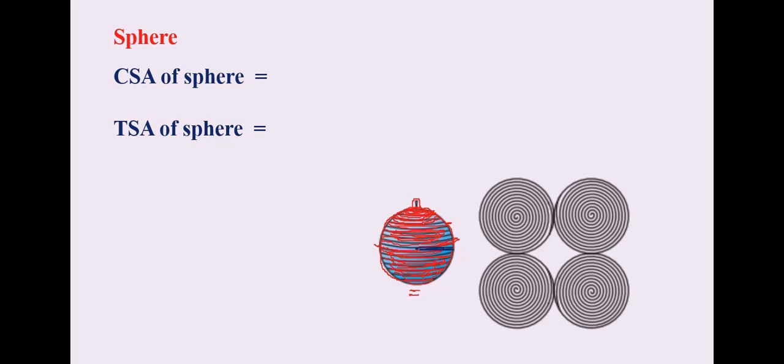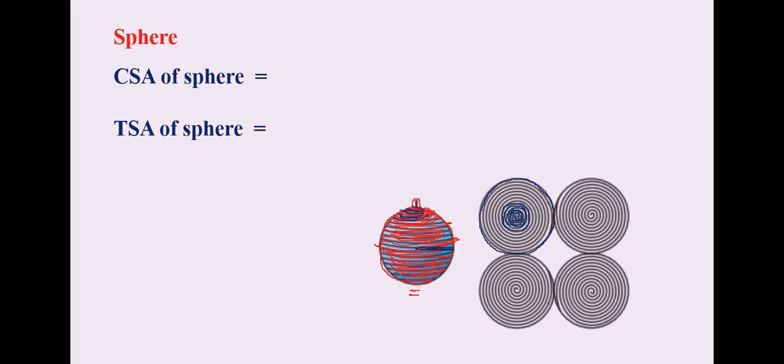You can see the diagram here. There are four circles drawn with the same radius as the ball. Okay? And this thread which you tied on the ball, open up the whole thread and try to cover these circles with the thread. And we will observe that the whole thread covers exactly four circles.